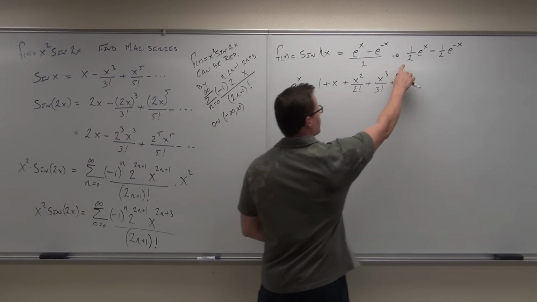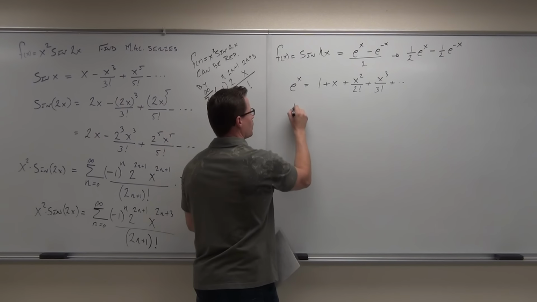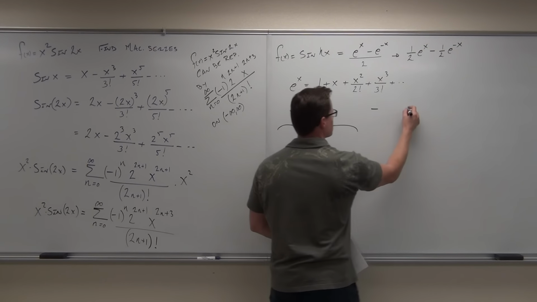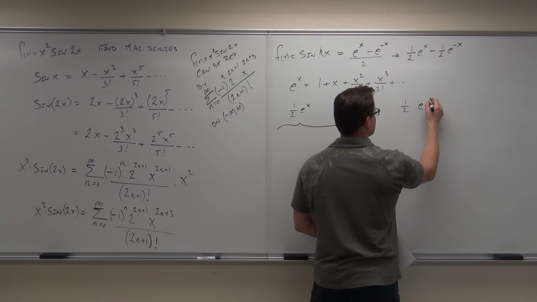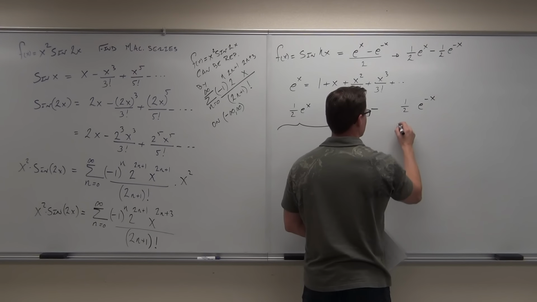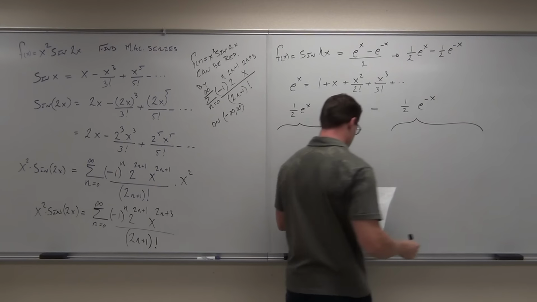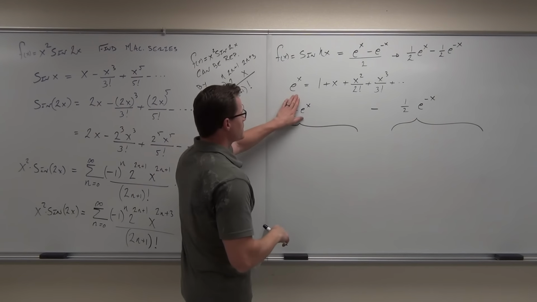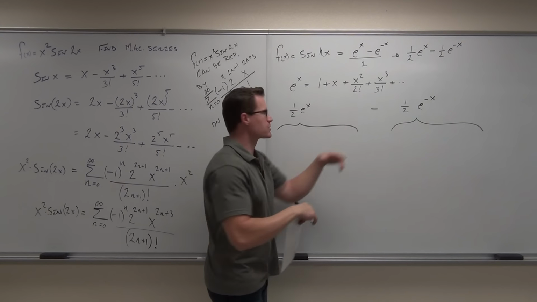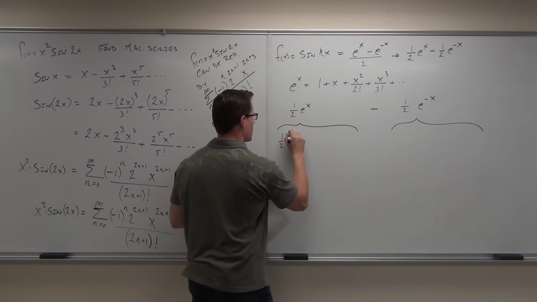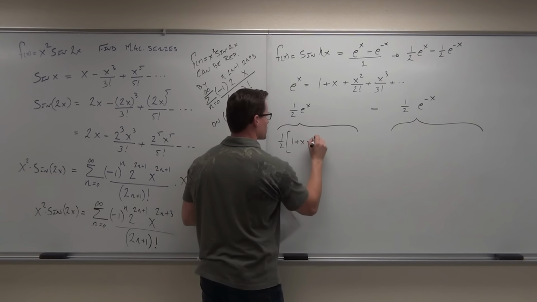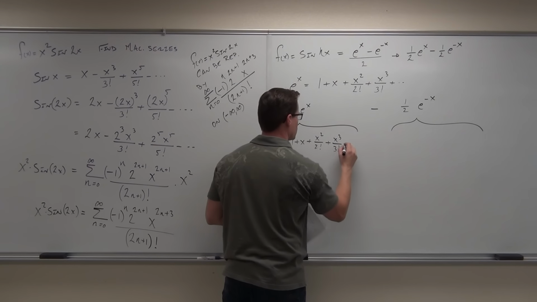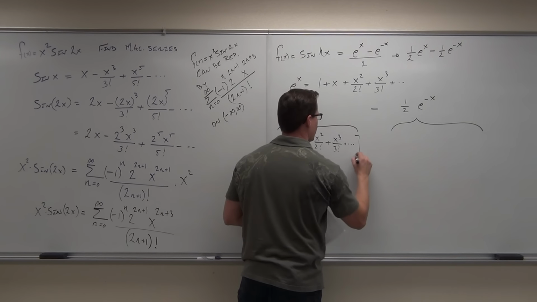So if I do 1/2 e to the x minus 1/2 e to the negative x, do you see that e to the x is just going to be this bunch of junk? So this is going to be 1/2 times 1 plus x plus x squared over 2 factorial plus x to the 3rd over 3 factorial plus and so on.